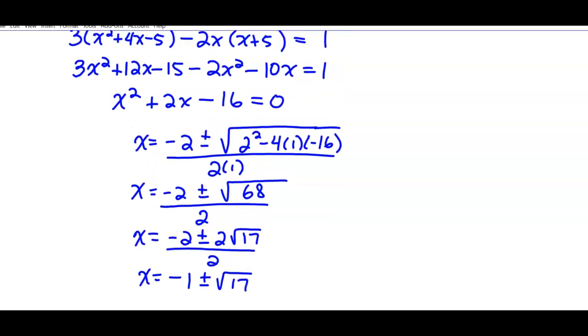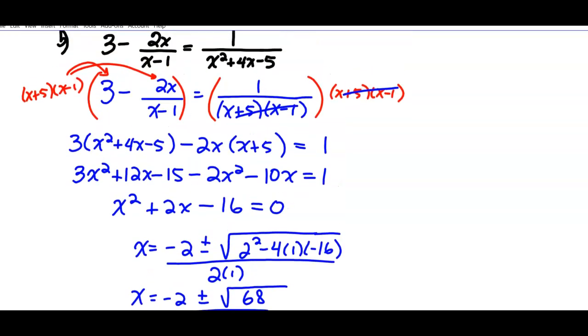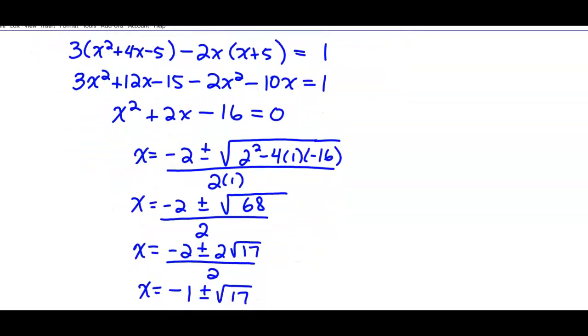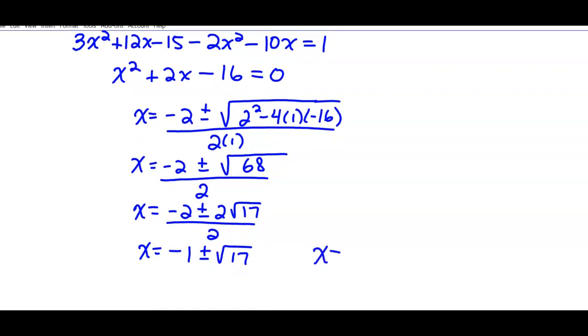Your non-permissible values or your restrictions were -5 and +1. So that's not going to eliminate them from the solution set. So in this case, there should be 2 solutions.